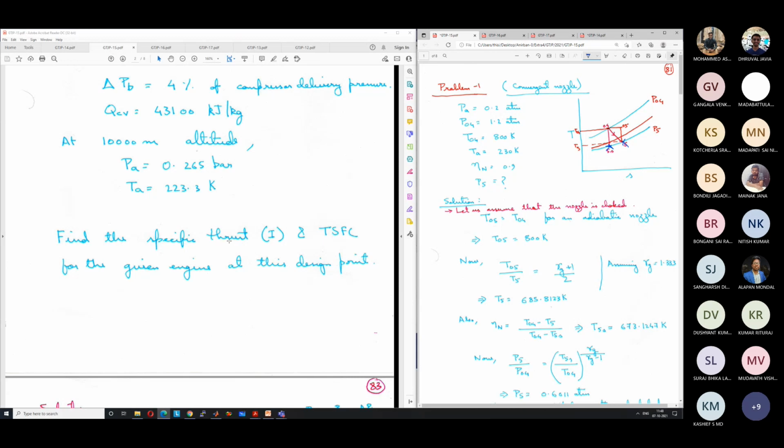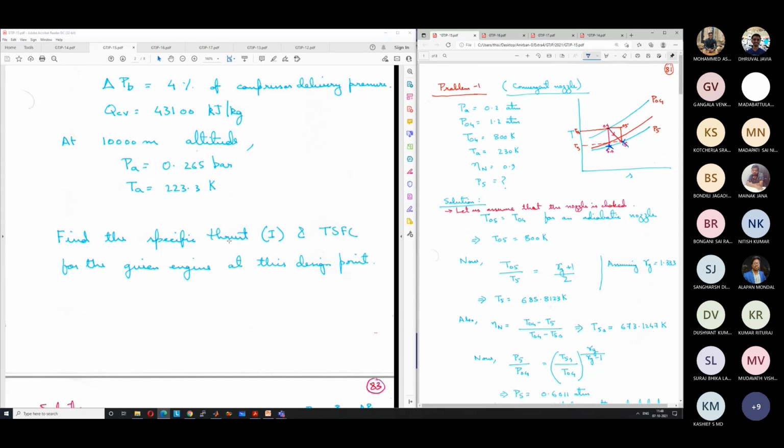So we want to find out the specific thrust and the thrust specific fuel consumption. So per unit thrust, what is the fuel consumption required for this design point? See, I am going very slowly here and trying to describe all the points because I want you to relate to this problem.